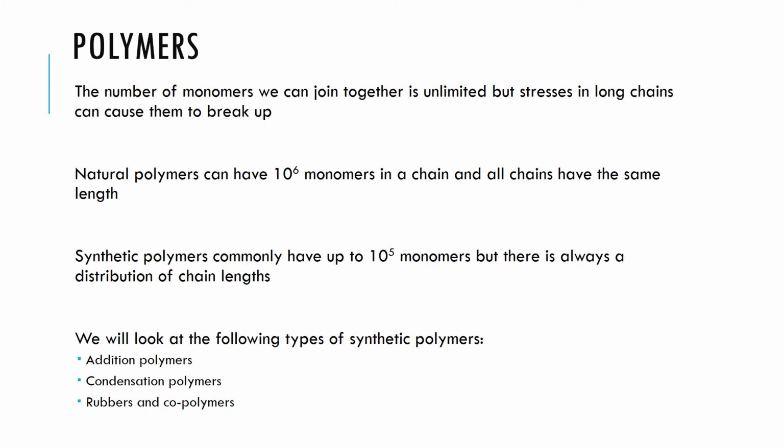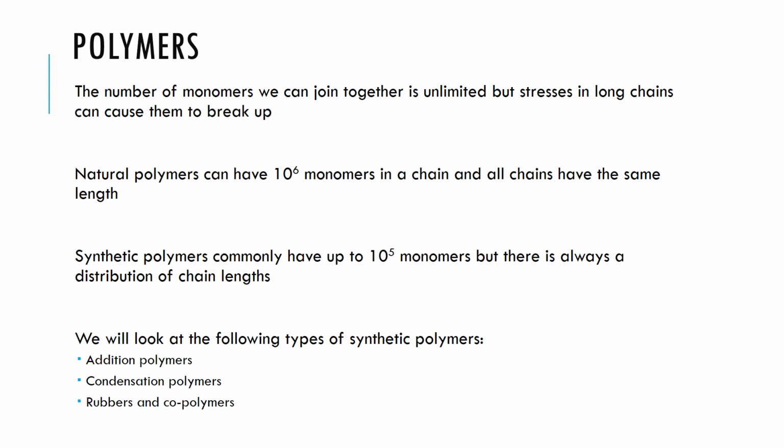It's found that those natural polymers that we spoke about, rubber and such like, have around about, on average, 10 to the 6 monomers in a chain. And because nature's so good at chemistry, all of the chains have the same length, so they're all the same size. It's very different with what we can do in the laboratory as chemists.